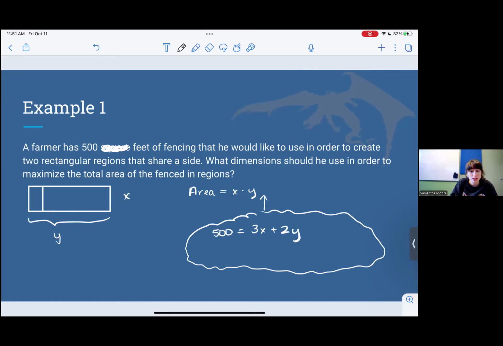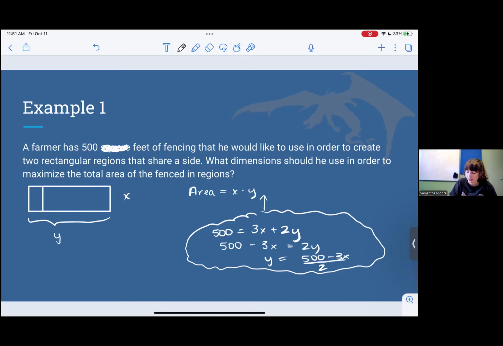I can now use this to solve for y in terms of x, and then replace my y in my area formula with just x's. Awesome. So we're going to solve for y. 500 minus 3x equals 2y. So y is going to be equal to (500 minus 3x) over 2.